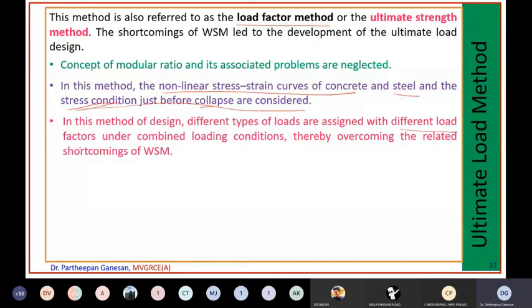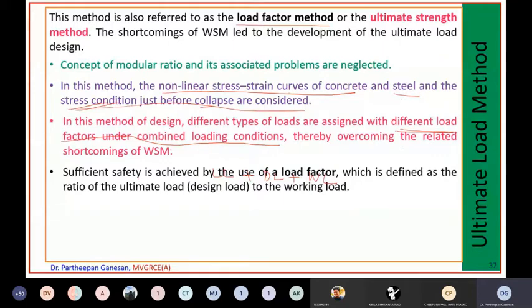In a working stress method, as I told you, live load, dead load, wind load, the factor was taken as 1, 1, 1. But in ultimate load method, different load factors under combined loading conditions are taken. That overcomes the shortcoming of working stress method.